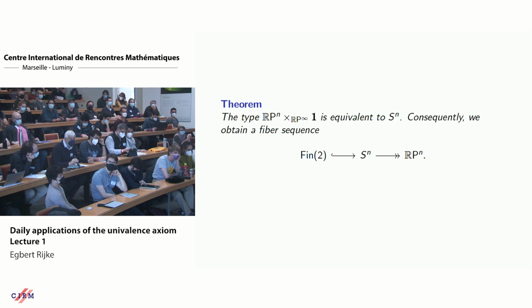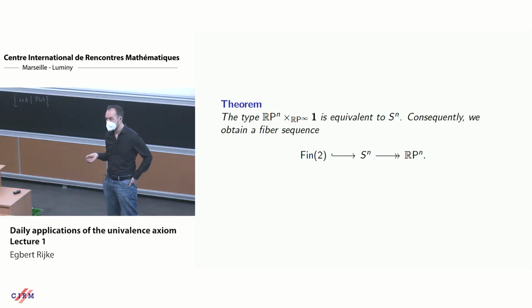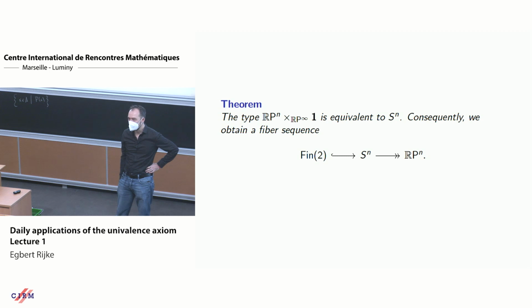The sphere spectrum, so we can construct suspension pre-spectra, we like to call them pre-spectra, and spectra when the loop spaces are equivalent to the next loop space, so the type is equivalent to the next loop space. This has some annoying technicalities which we haven't managed to put in a proof assistant yet, but in principle we can do all of this in type theory.